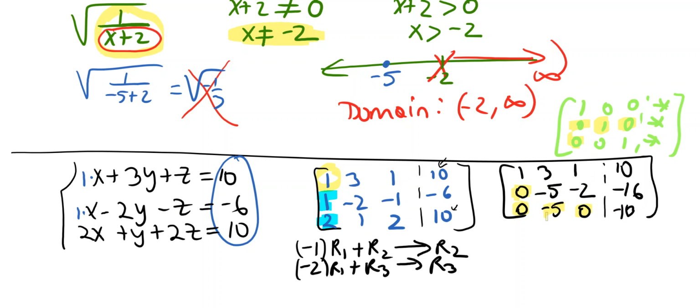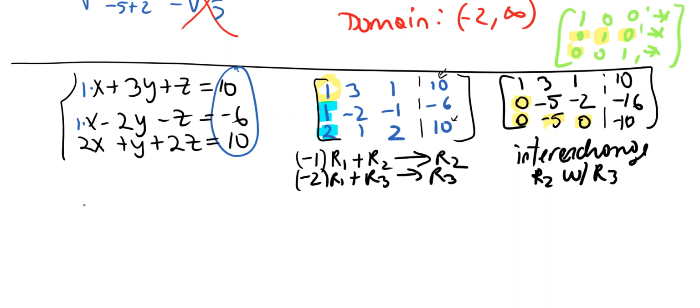So another legitimate operation I can do is interchange row 2 with row 3. When I do that, the first row stays the same, and then instead of row 2, I'm going to have row 3: 0, -5, 0, and then -10, and then instead of row 3, I'll have row 2.